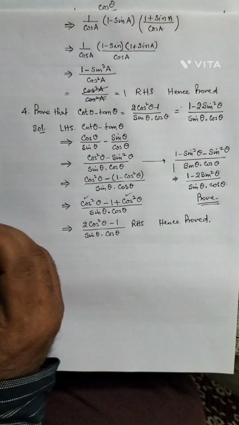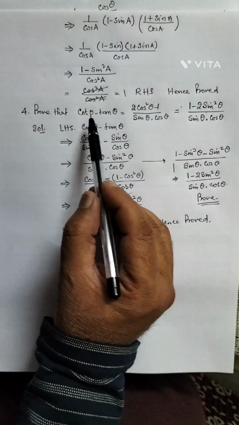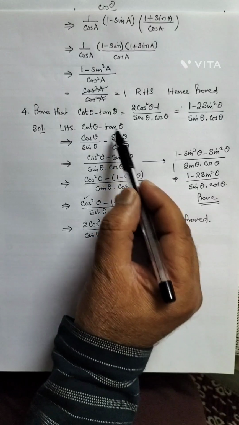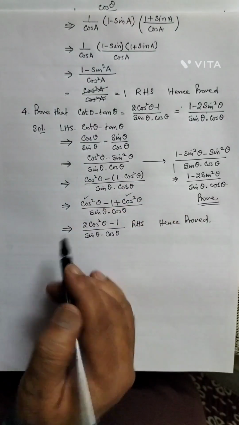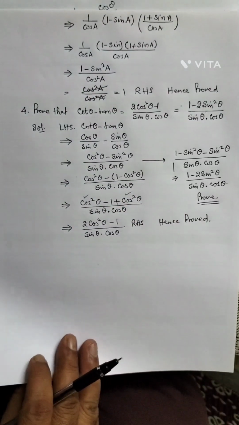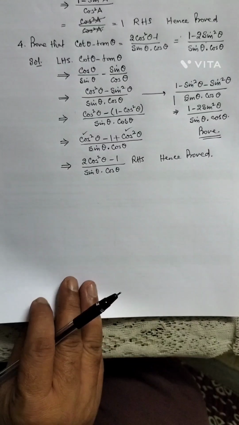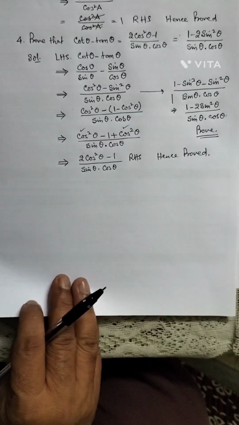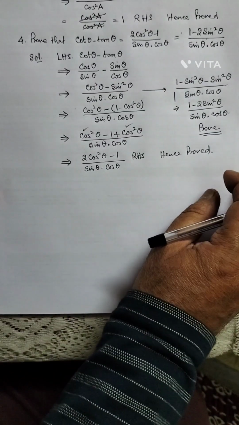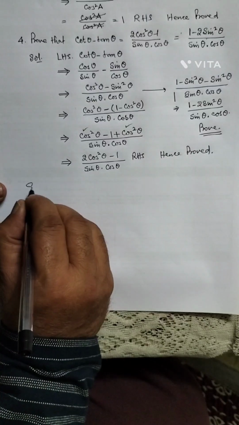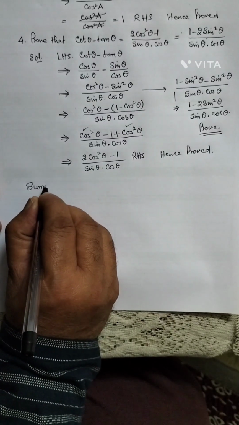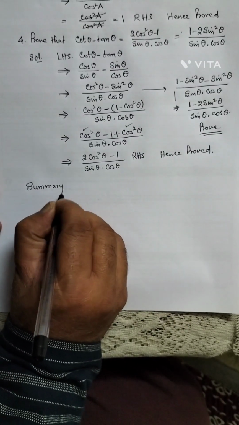So we have to be very careful about what we have to get, and using the identities, the basic 3 identities which are very important, and for the sake of revision, I am writing here once again those 3 identities as summary.